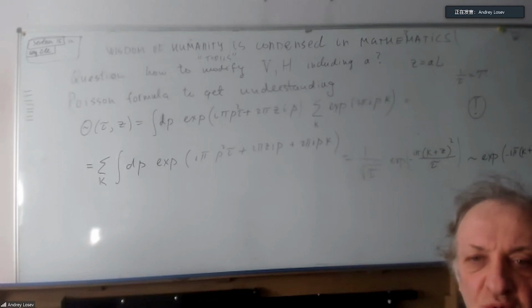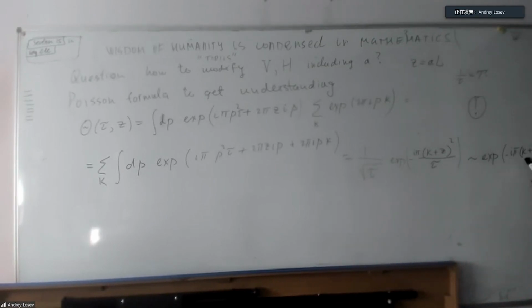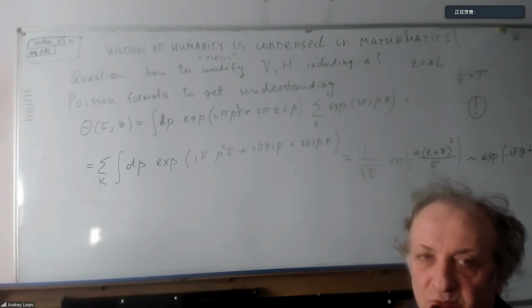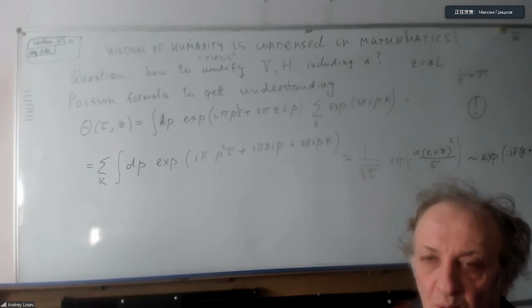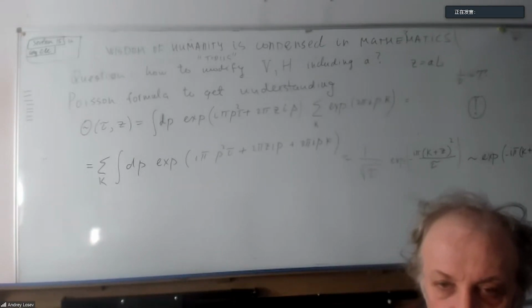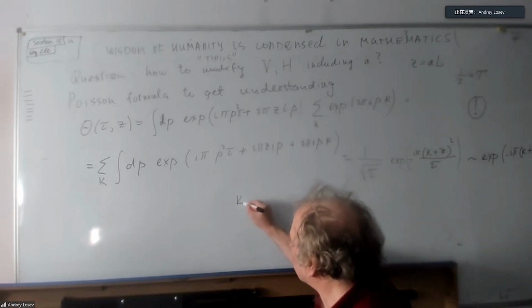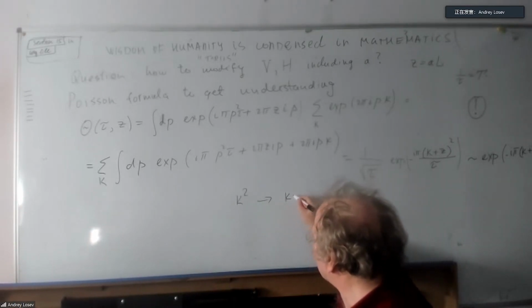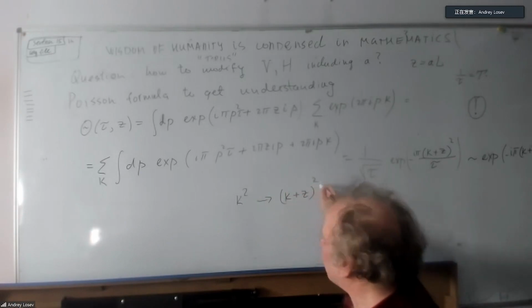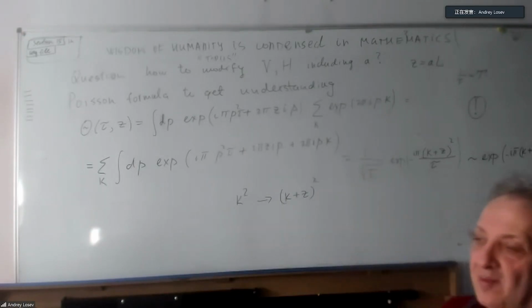So Maxim, do you know how to interpret it? That I have a shift of k by z. Maybe, the energy? So energy k squared is shifted to (k plus z) squared. Yes. So how could it happen?